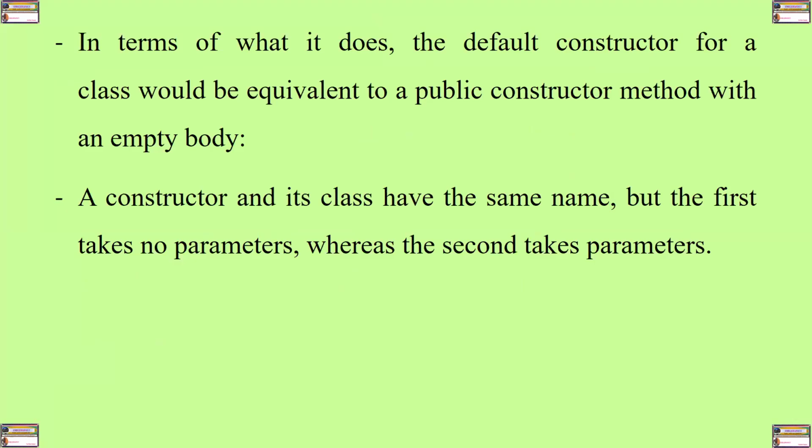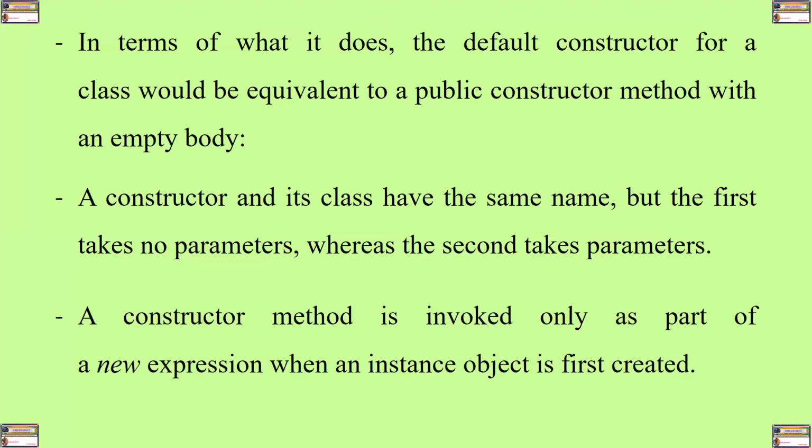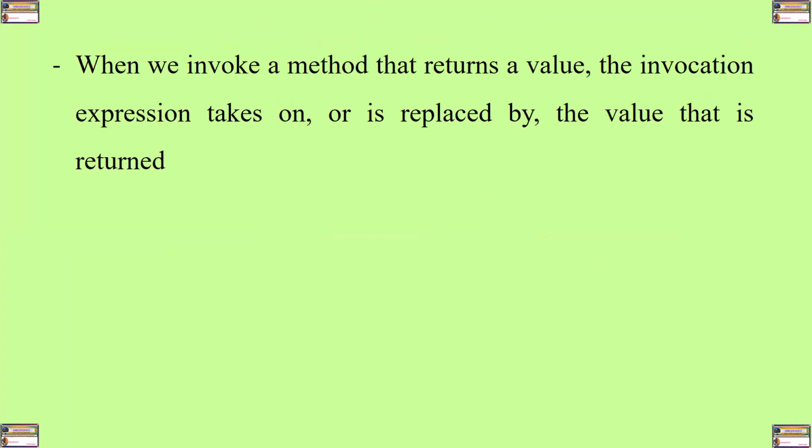A constructor and its class have the same name, but the first takes no parameters, whereas the second takes the parameters. A constructor method is therefore invoked only as part of a new expression when an instance object is first created.